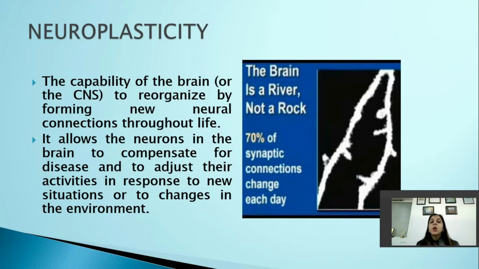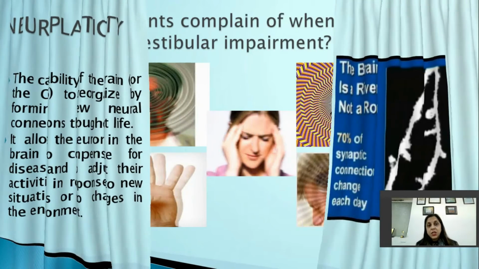It allows the neurons in the brain to compensate for disease and adjust their activities in response to new situations or to changes in the environment. Neuroplasticity is nothing but brain adaptation. So, our VRT protocols, that is vestibular rehabilitation therapy, are based upon the concept of neuroplasticity.